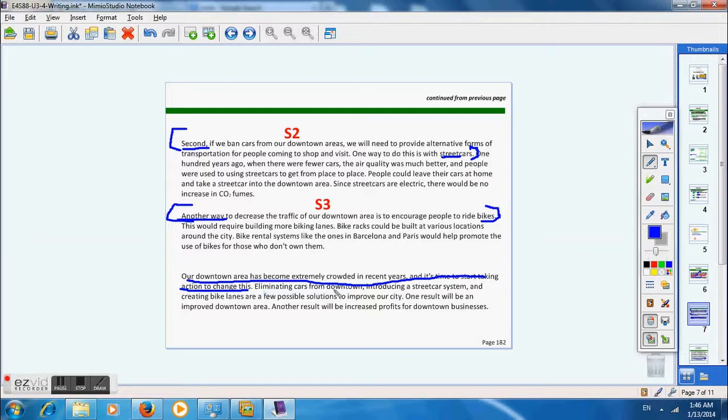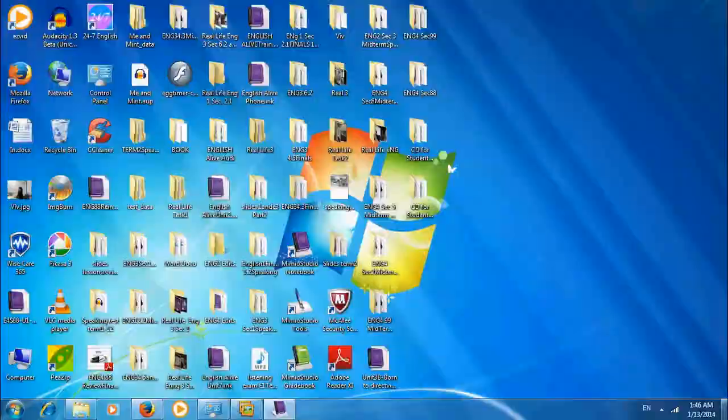So eliminating cars from downtown, introducing a streetcar system, and creating bike lanes are a few possible solutions to improve our city. So let's circle the sentence. Okay, so imagine that's a circle.